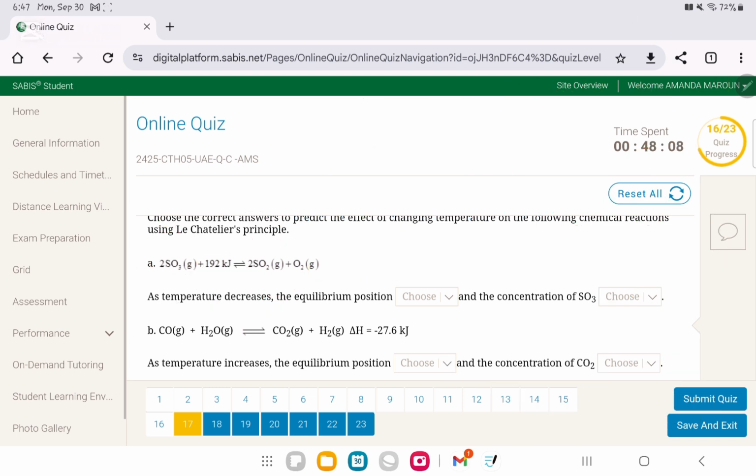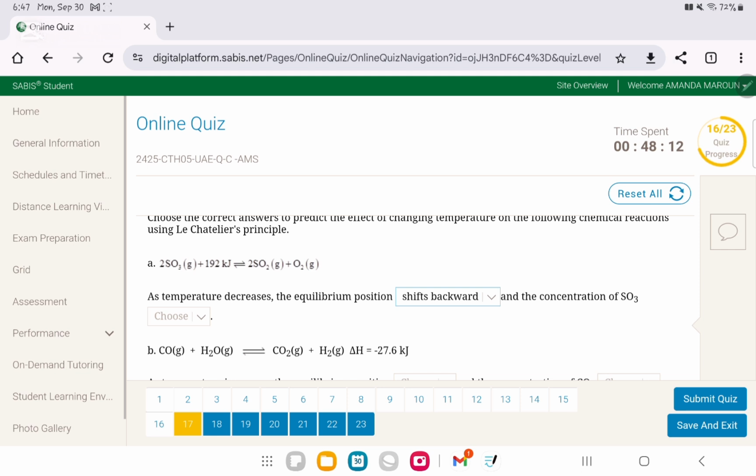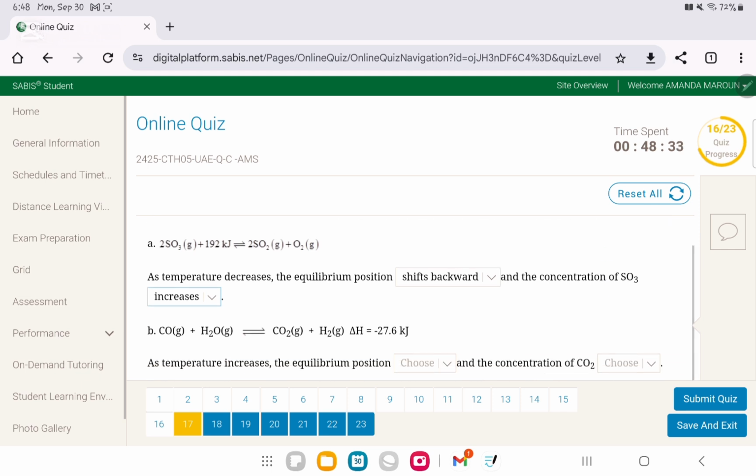So, as the temperature decreases, the equilibrium position will shift backwards. We said the temperature will increase as a counteraction, so definitely the concentration of 2SO3 will increase. So, the concentration of SO3 increases.